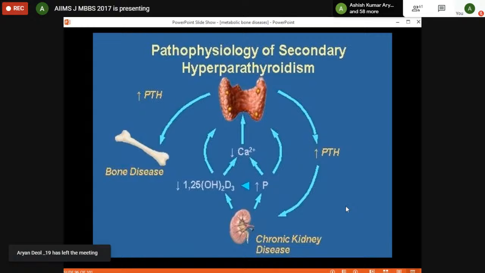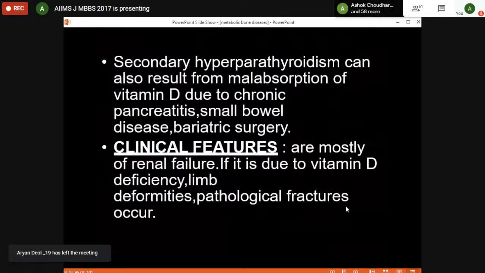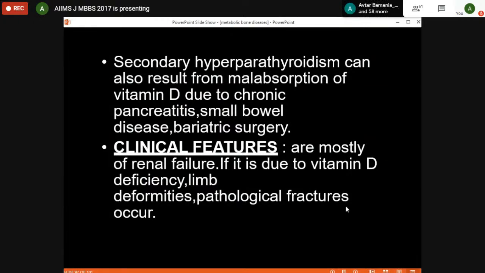It increases parathyroid hormone level. So secondary hyperparathyroidism can also result from malabsorption of vitamin D due to chronic pancreatitis, small bowel disease, or bariatric surgery as well. So all these reasons for secondary hyperparathyroidism are usually associated with some chronic disease like chronic pancreatitis or small bowel disease where absorption is affected, or kidney disease.